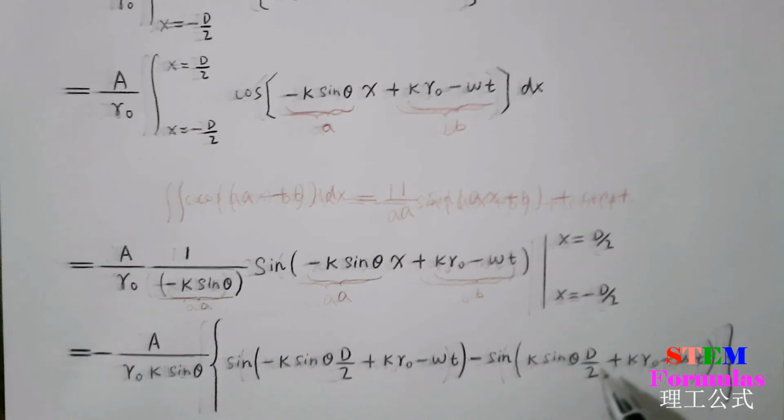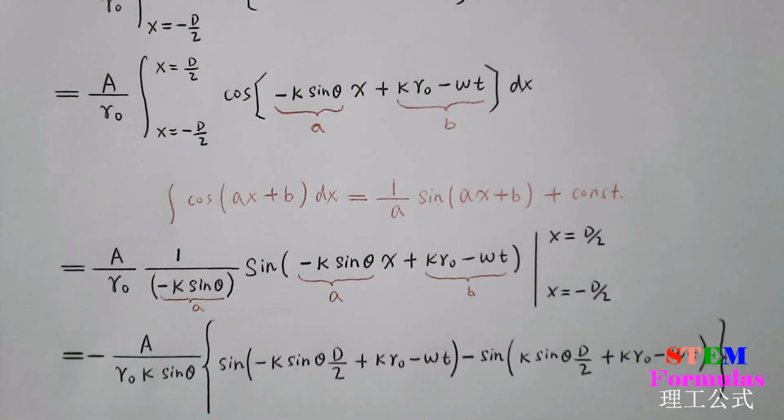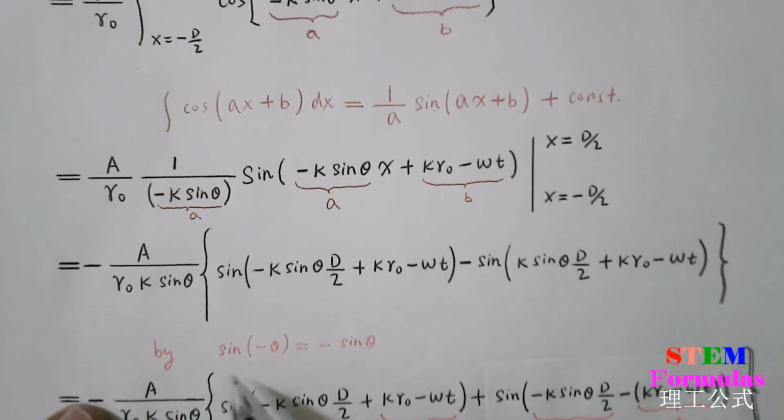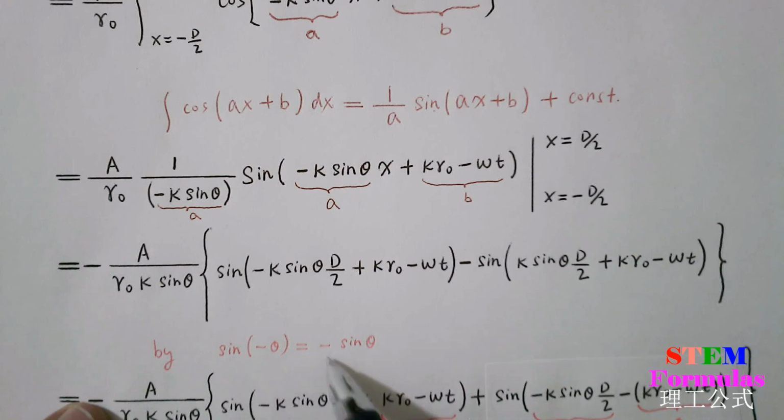Now, next step, I need to simplify this last term by using sine of minus theta equals minus sine theta. This is a property of sine: sine is an odd function. Cosine is an even function and sine is an odd function.